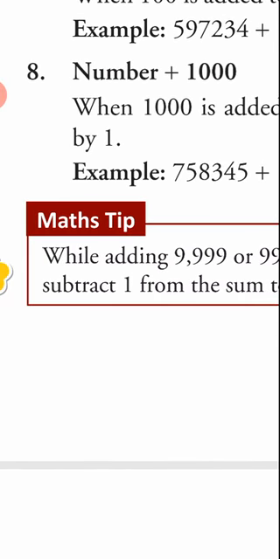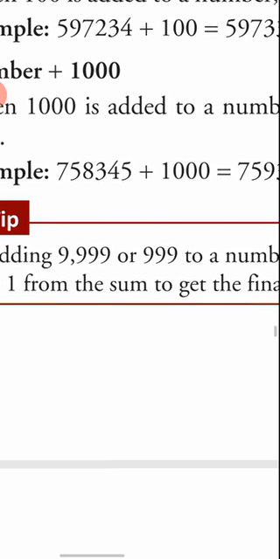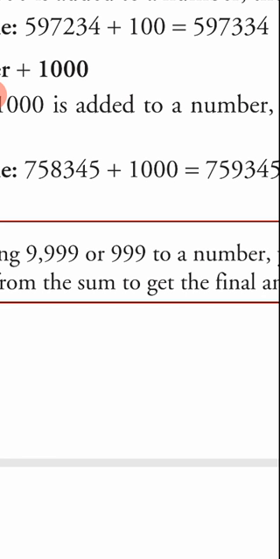And the last property is number plus 1000. In the previous two properties we learned that we are adding 10 to the number and adding 100 to the number, and now in this last property we are adding 1000 to the number. If we are adding 10 to the number, the digit at the tens place will be increased by 1. If we are adding 100, the digit at the hundreds place will be increased by 1. Similarly, if we add 1000 to a number, then the digit at the thousands place will be increased by 1. So here we have an example. What is the digit at the thousands place?